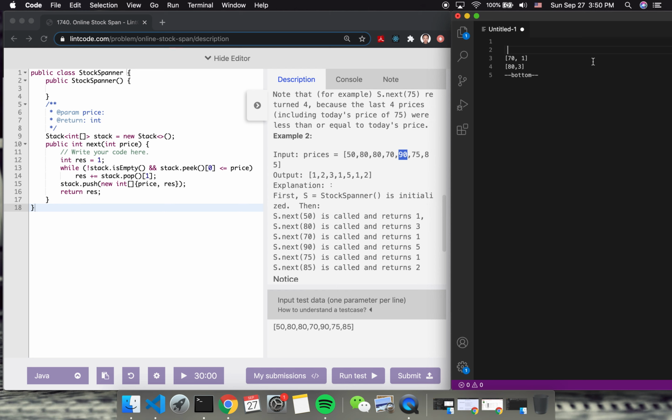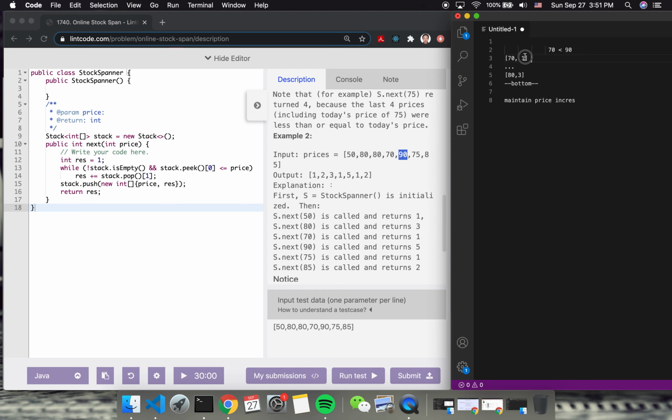So now we can see 90 is bigger than 70. So this means, we maintain an attribute of the stack, which is that the prices are increasing.